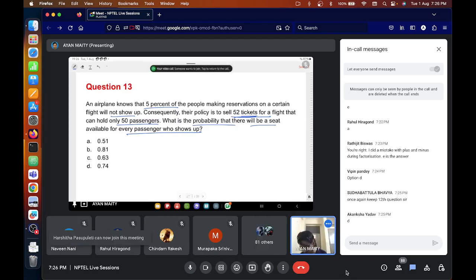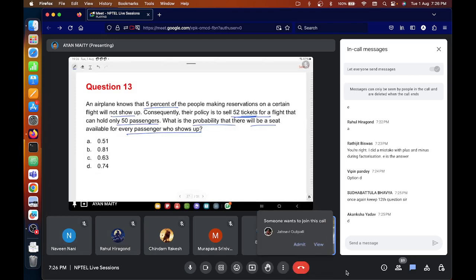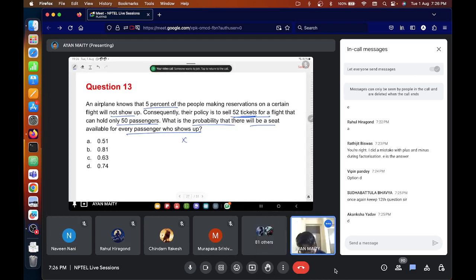The method to solve this problem is to find the probability that every person that shows up will get a seat. We consider a random variable x, which represents the number of passengers that show up.